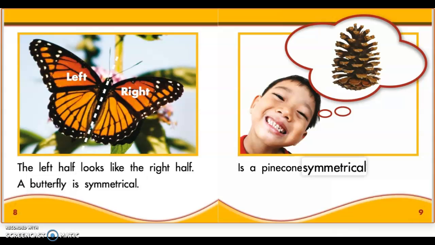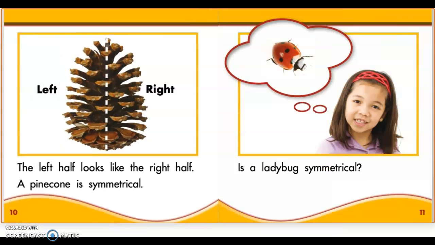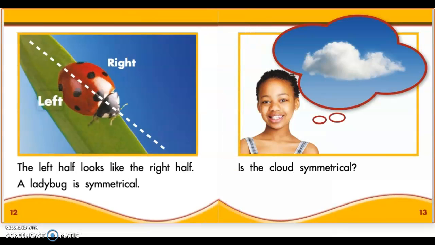Is a pine cone symmetrical? Left, right. The left half looks like the right half. A pine cone is symmetrical. Is a ladybug symmetrical? Left, right. The left half looks like the right half. A ladybug is symmetrical. Is the cloud symmetrical?